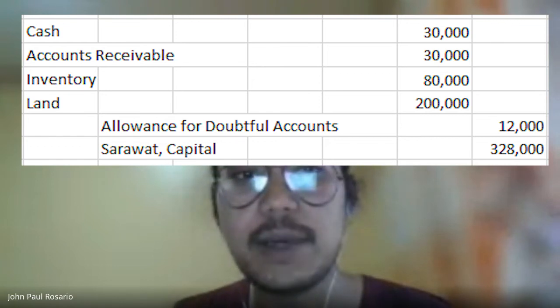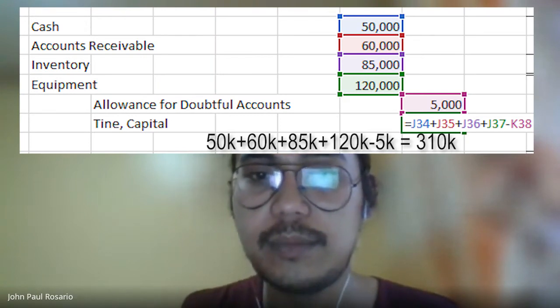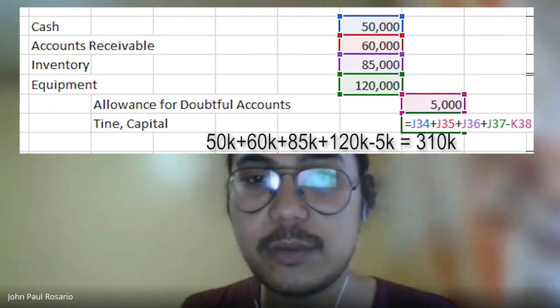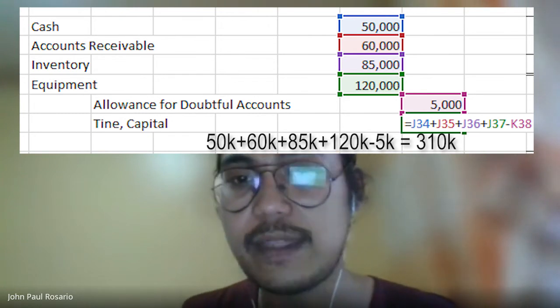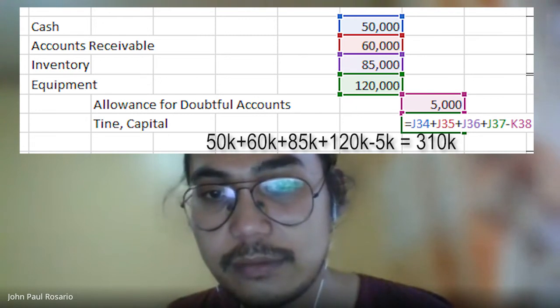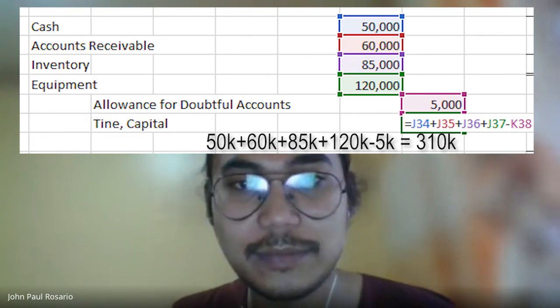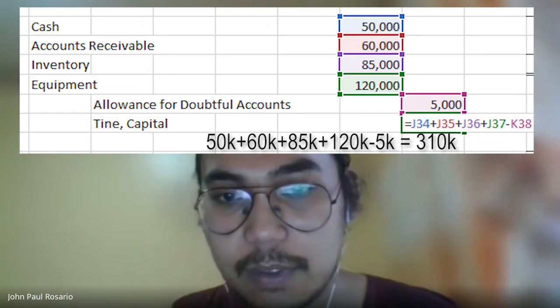So we can check the amount. If you want, I can solve this using the entries. So total debit, so 50 plus 60 plus the 85 plus the 120, and then we less the 12,000. So why is it 303,000? What happened there? Hmm, let me see.